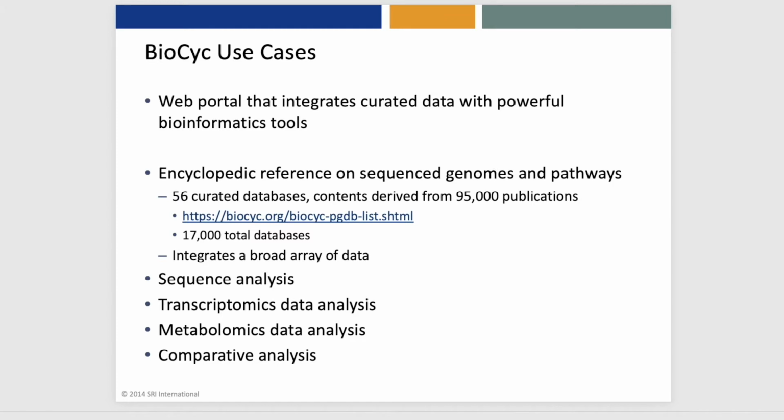There are 56 curated databases listed at the URL here, and overall the contents of BioCyc are derived from curation of 95,000 publications. There are 17,000 total databases in BioCyc, most of which are microbial, and BioCyc integrates a broad array of data, including metabolic pathways, regulation, and gene essentiality data.